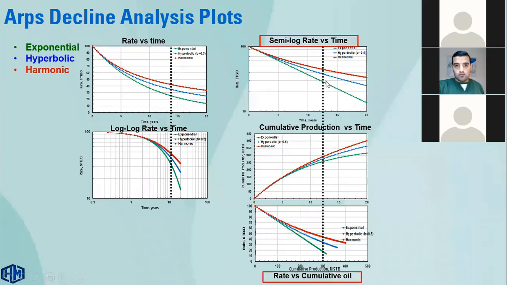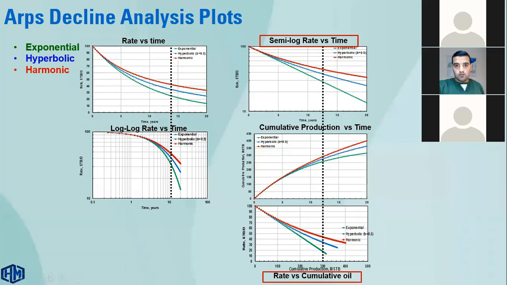So as you can see, at any time t, for example at this point, the exponential decline will predict the lowest oil rate, which means that by using the exponential decline, the predicted reserve or predicted ultimate recovery will be the lowest value, in other words more conservative than the hyperbolic or even harmonic.